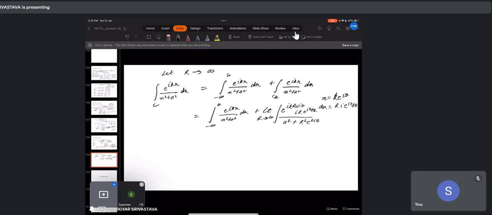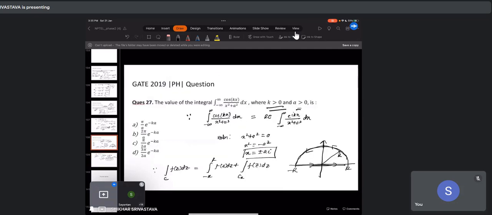And the limit of this integral will be 0 to pi because we are integrating along this semicircle.